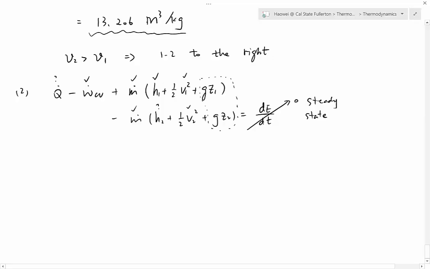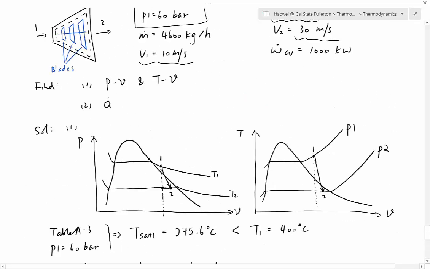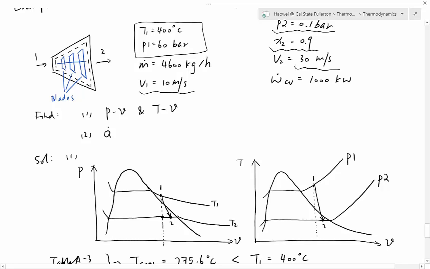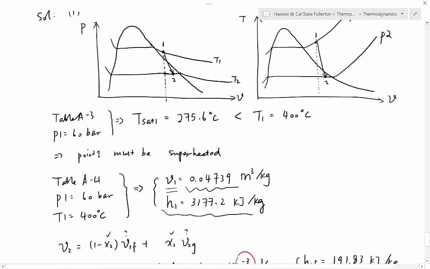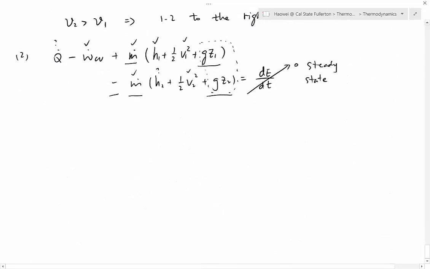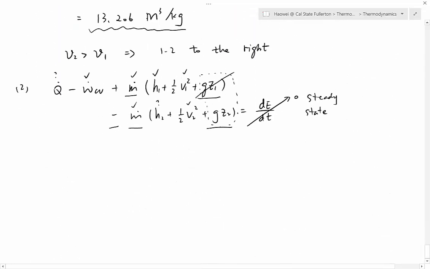What essentially you're doing here is M dot GZ1 minus M dot GZ2. What's the relation between Z1 and Z2? Does the height change? The height does not change, just like the previous example, so GZ1 will cancel out GZ2.